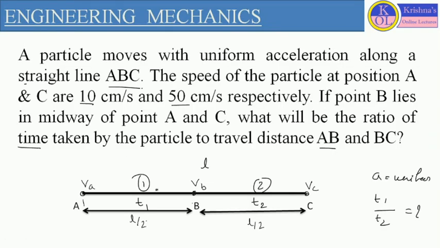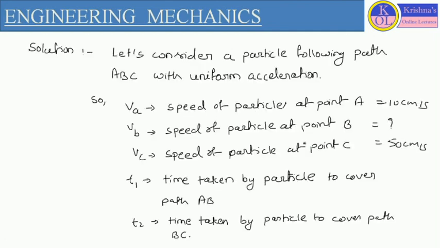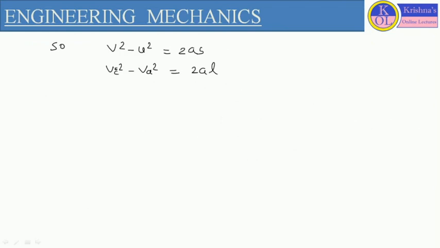So let us consider this diagram. Here our initial position is point A for the particle and the final position of the particle for complete path AC is VC. So if we define the initial velocity of the particle as VA and the final velocity of the particle as VC, and if we apply the equation of rectilinear motion, we have v square minus u square equals 2as.